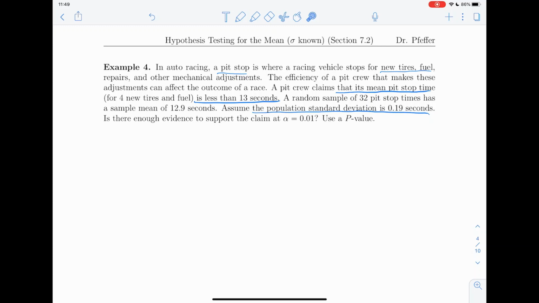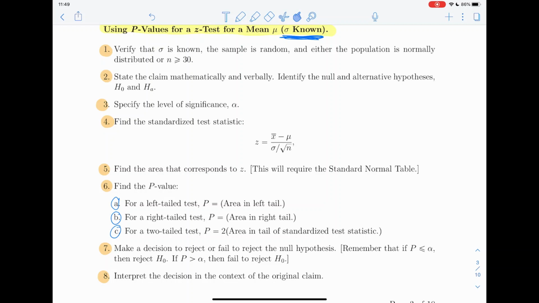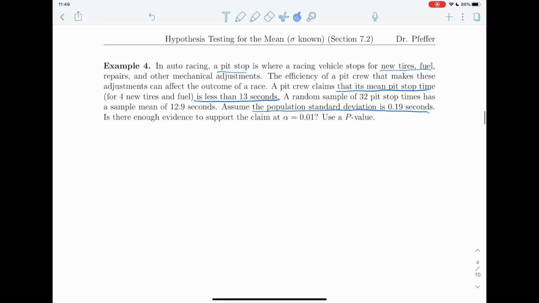Well, for starters, the way I'm going to write this is I'm going to follow this 8-step process. So for starters, we're going to verify some information. What we see based on what was written so far is that sigma, this population standard deviation, is known, and additionally, the sample is random.